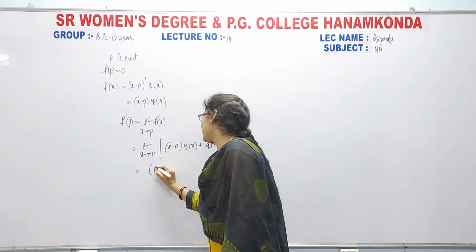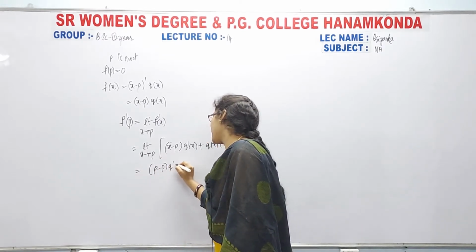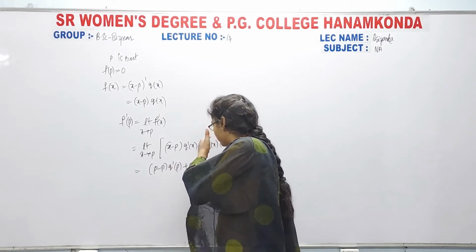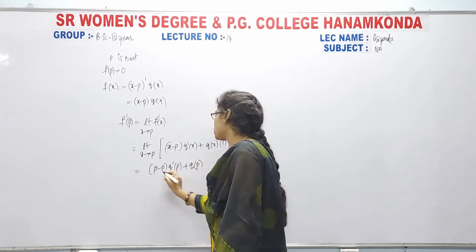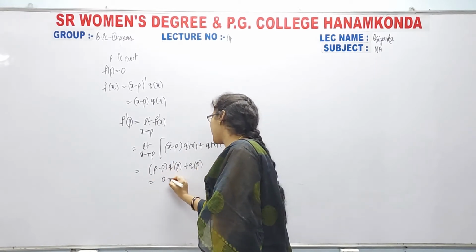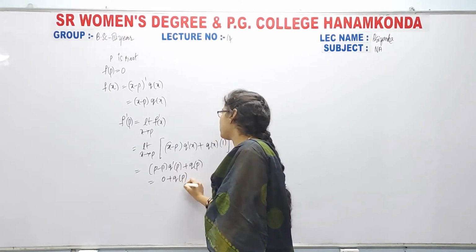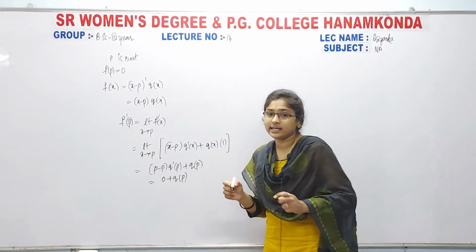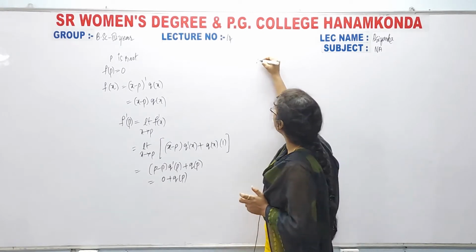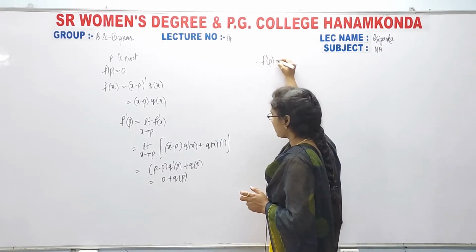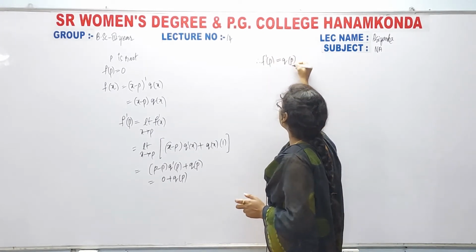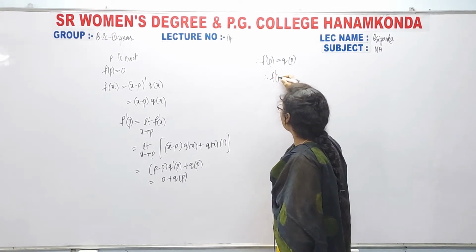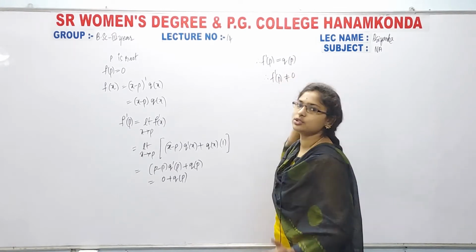So p minus p into q dash of p plus q of p. p minus p means 0, plus q of p. Therefore f dash of p is equal to q of p. Therefore f dash of p is not equal to 0.